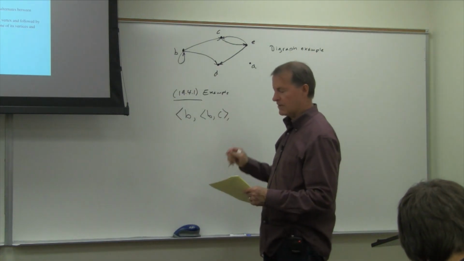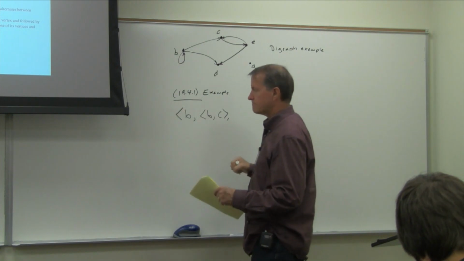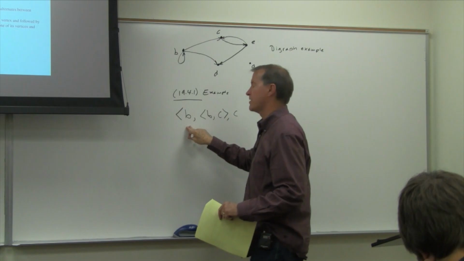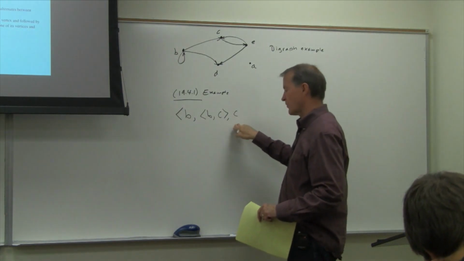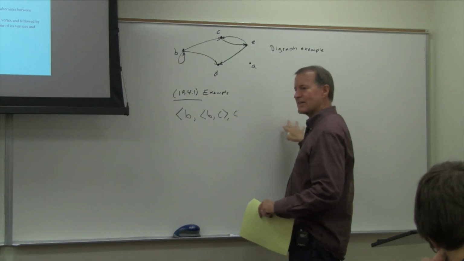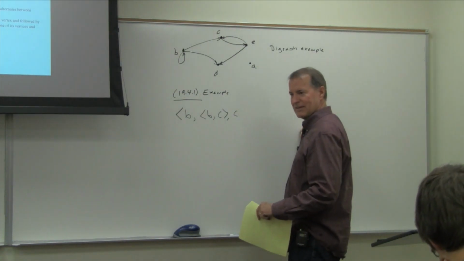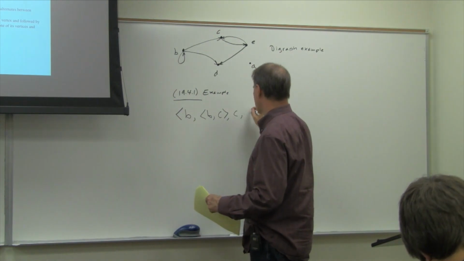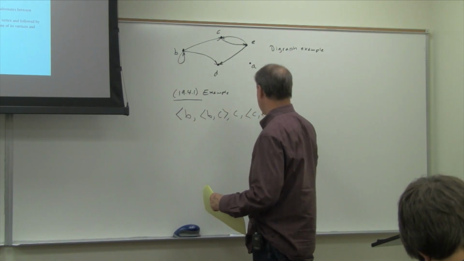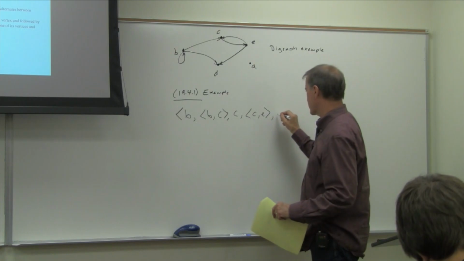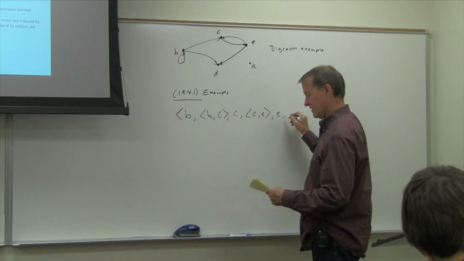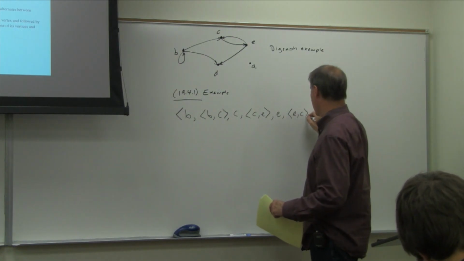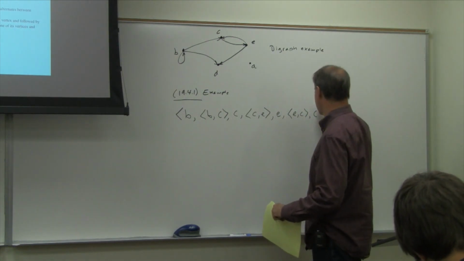And then this has to be C. So here's vertex, edge, vertex, edge, vertex, edge. Okay, you see what I'm saying? And so here's an example: B, BC, C, and then this next one could be CE, and then the next vertex has to be E, and then EC, and it has to end on a vertex, so let's say C. So boom.